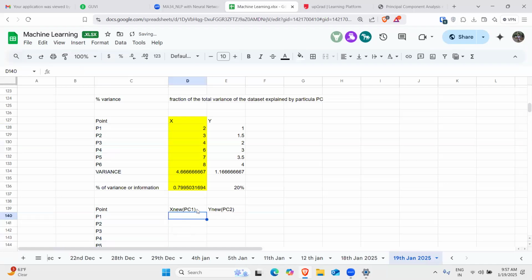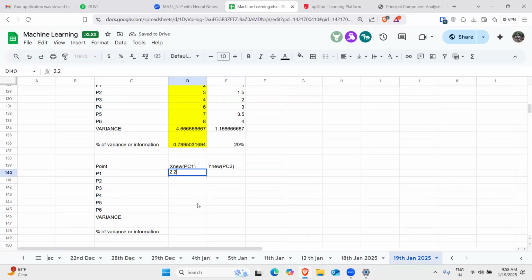The new X will be, let's say, 2.24, 3.35, 4.47, 6.71, 7.83, 8.94, 5.83. Simple. My new Y is all 0s, because this is my maximum direction, right?